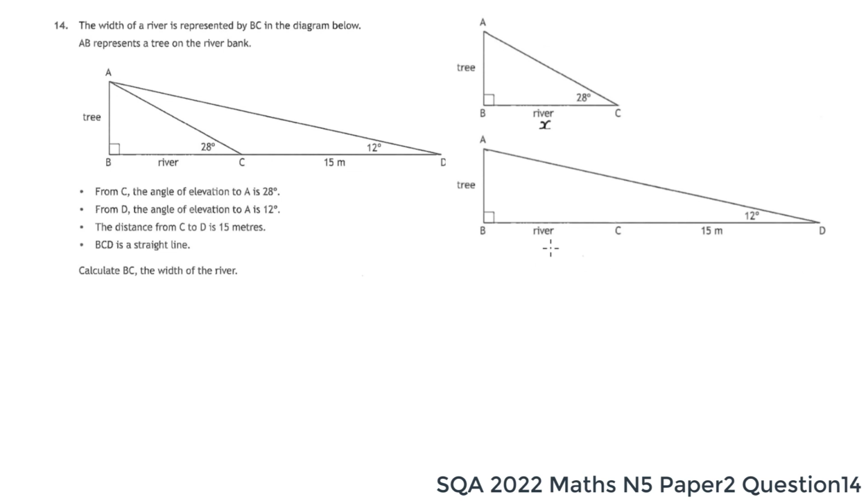And again, I'm going to write an x in there because that's the width that we're trying to find. Now, in this right-angled triangle, the tree and the river are on the opposite and adjacent sides compared to this angle of 28 degrees. And if we go down to this triangle, the tree and the other things that we're concerned about, the x and the 15, they're in the opposite and adjacent sides of this angle 12.